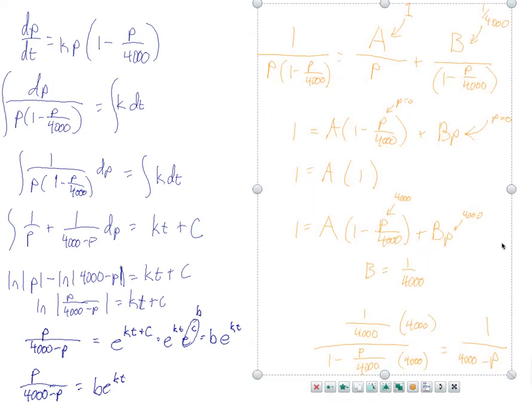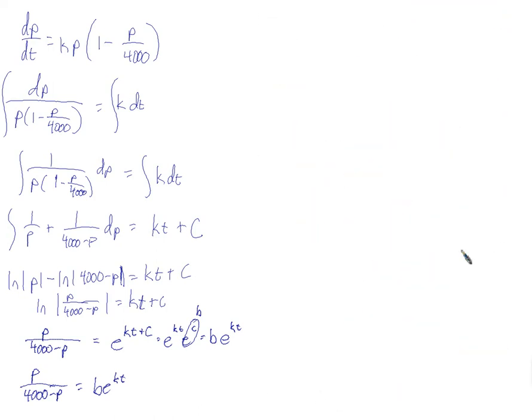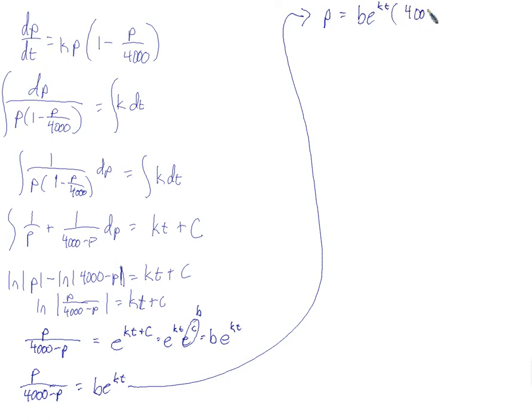Let's clear this out of here and make some more room. So multiply both sides by the denominator, of course. We'll get p equals b e to the kt times 4,000 minus p. We'll distribute this. We get p equals 4,000 b e to the kt minus p b e to the kt.